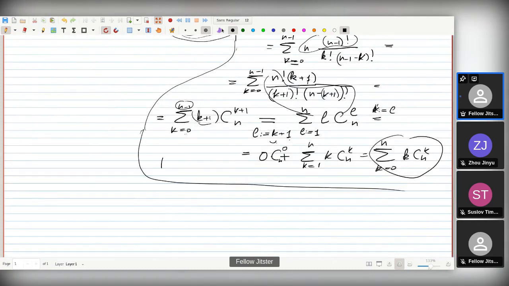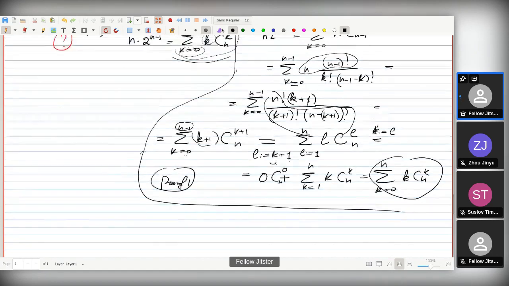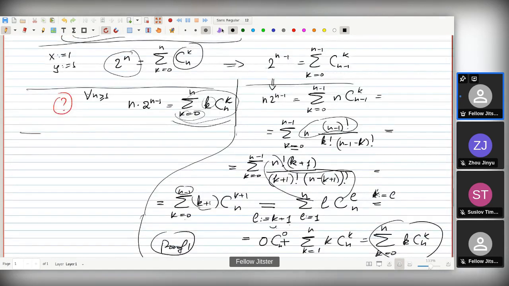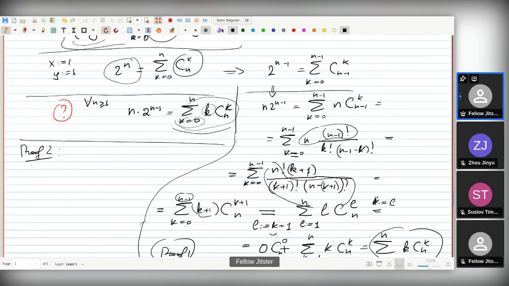But interestingly enough, we can solve this problem in many other ways. One of the most striking, in my view, is the analytical proof.